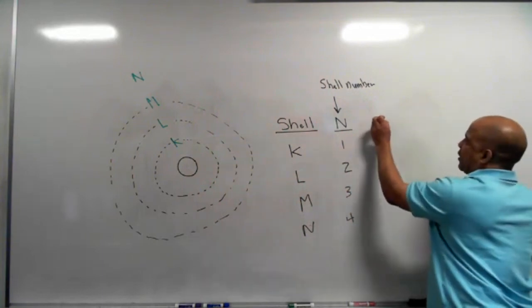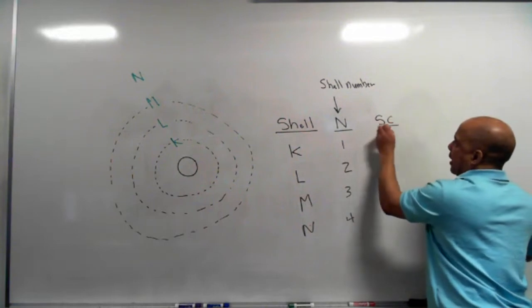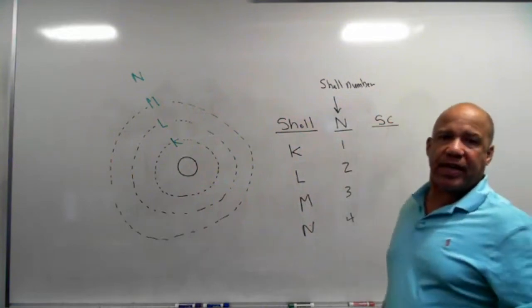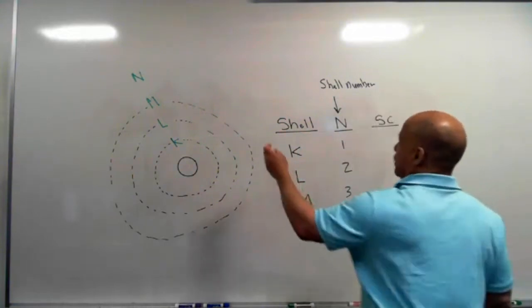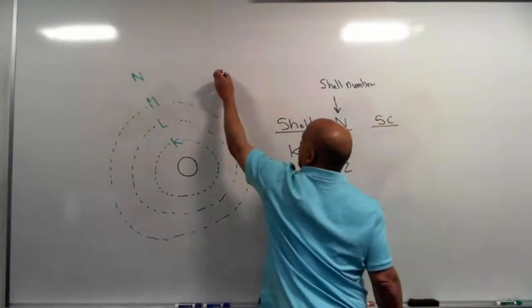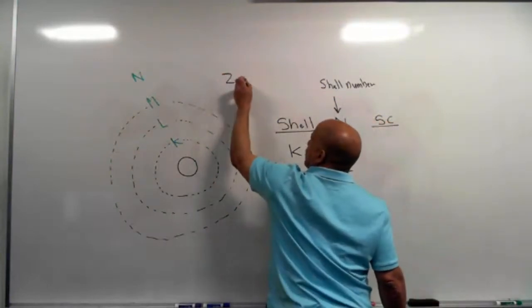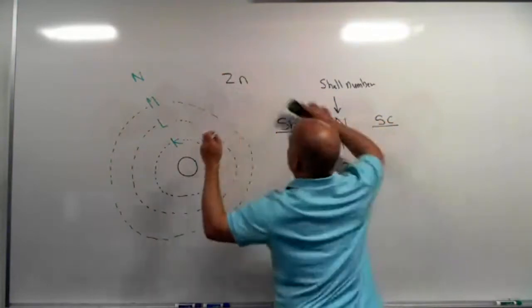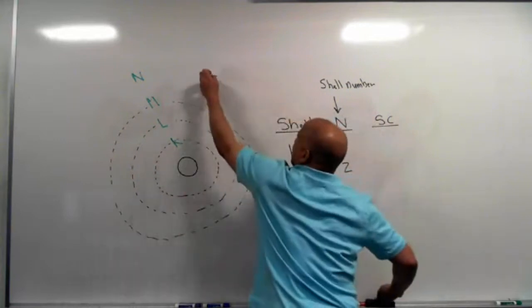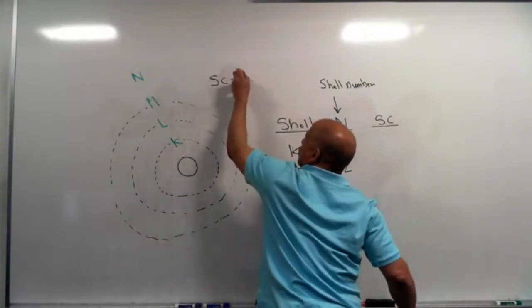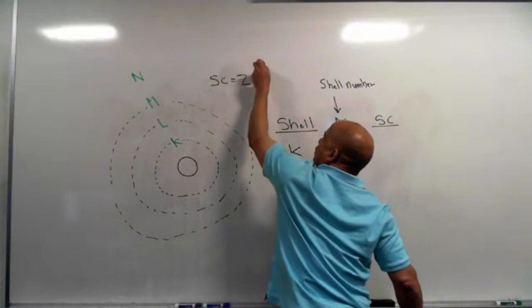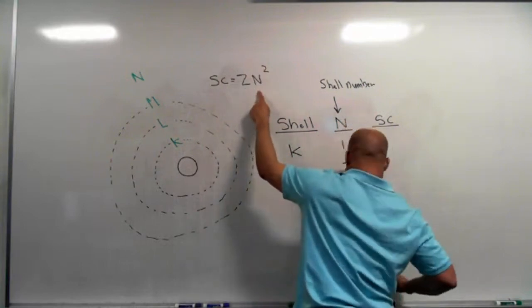And then lastly, we have the shell capacity. How many electrons can go into each shell? That's when we use the equation. For the K shell, the shell capacity is 2n squared, where n is the shell number.